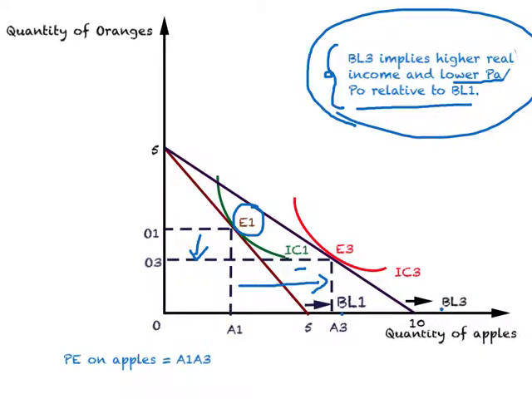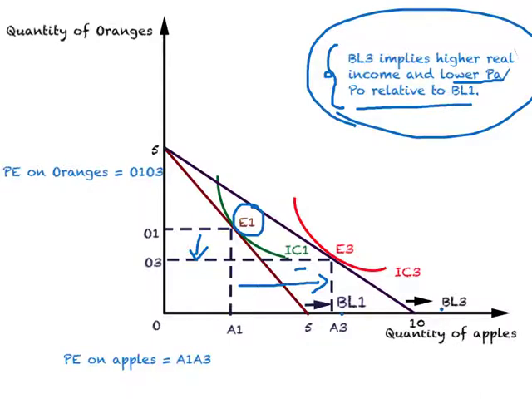And what is the price effect on oranges? Let me just type this out, and that will be O1, O3. And here you have it, and let me just rearrange this part, bring it here so you can read it. Here we go. So this is a case of price effect.